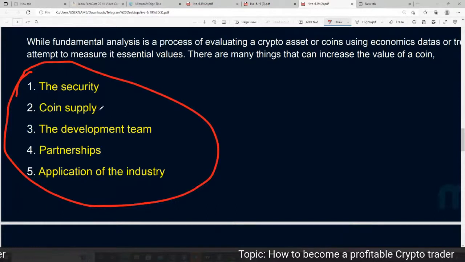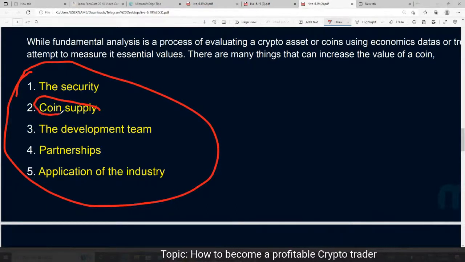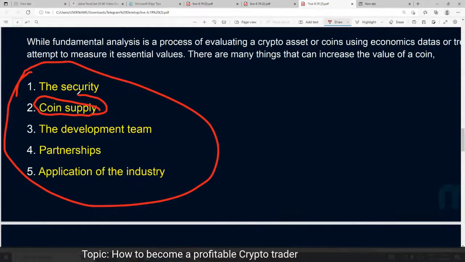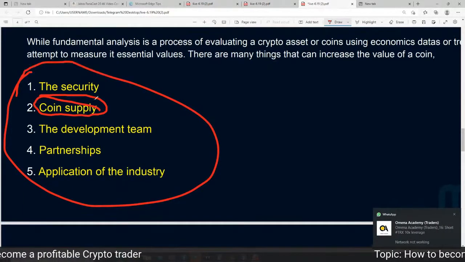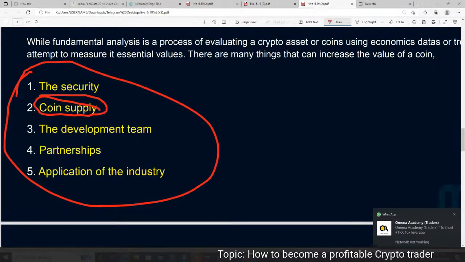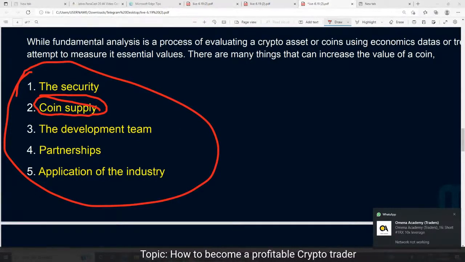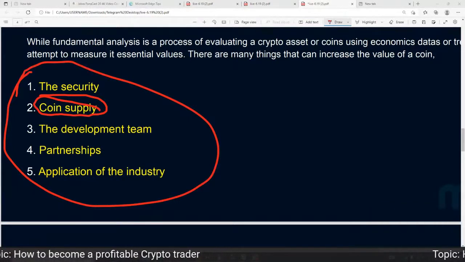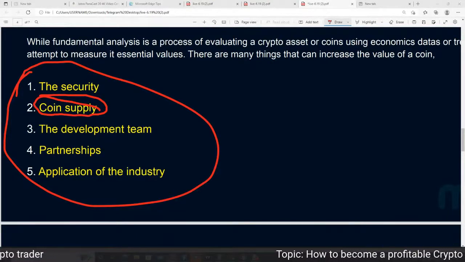So coin supply cannot be ruled out. Coin supply can determine the future price of a coin. You understand? So while investing, always check the supply of a token before you invest your money there.